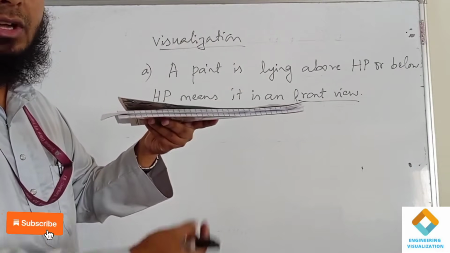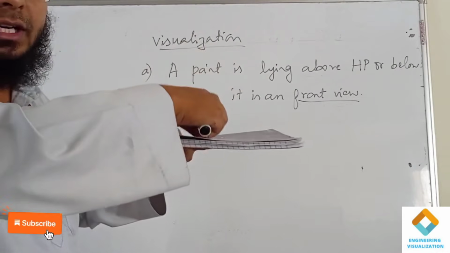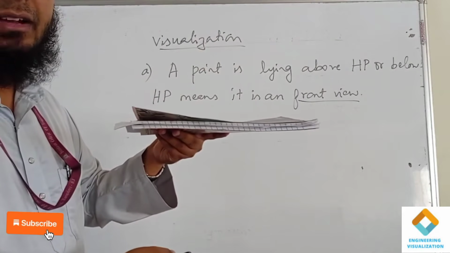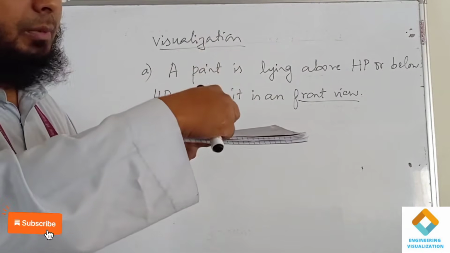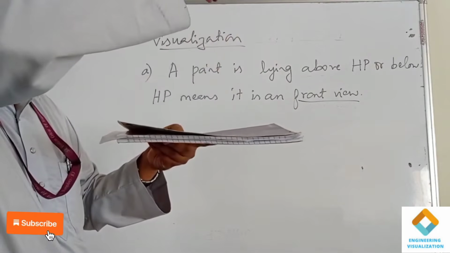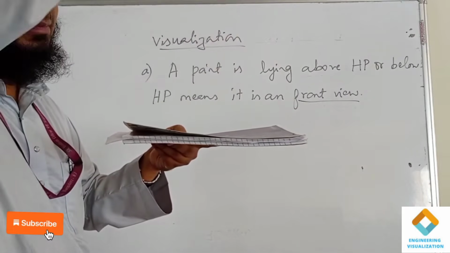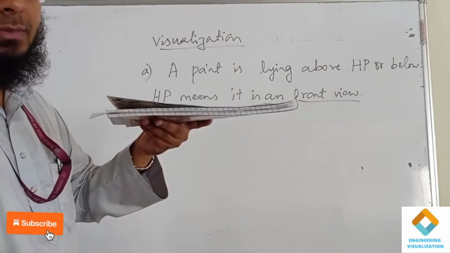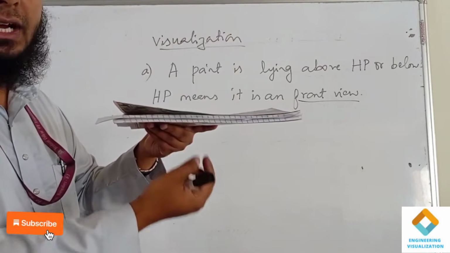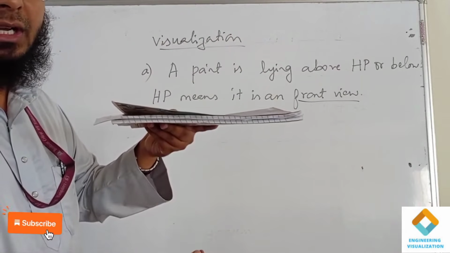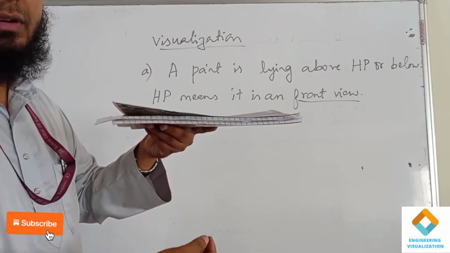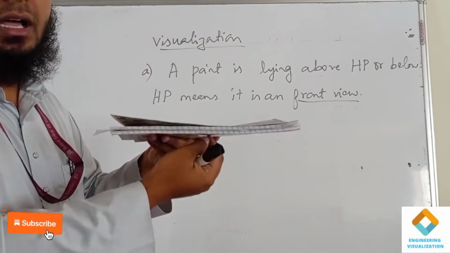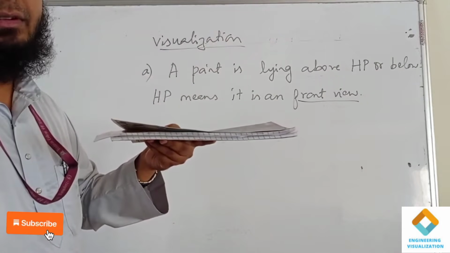That's visualization, how we are looking at things. A point 50 mm or 60 mm above HP can be seen from the front view. Similarly, a point below HP, whether 100 mm, 50 mm or 20 mm, however far it is, can be seen only from the front view. That's why any point lying above HP or below HP is a front view.